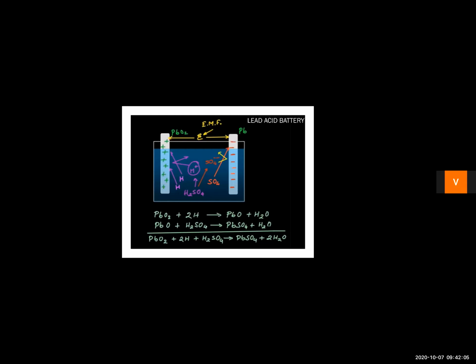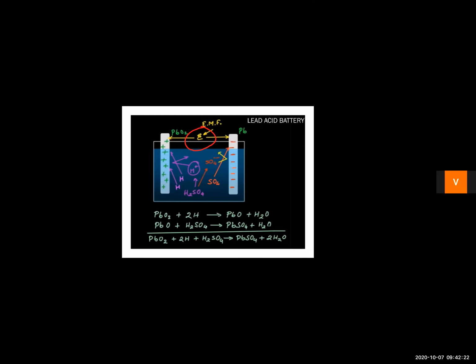But till what extent will it increase? It will increase to a particular value, and that value is E. So E is the maximum potential difference between the two plates of the battery.